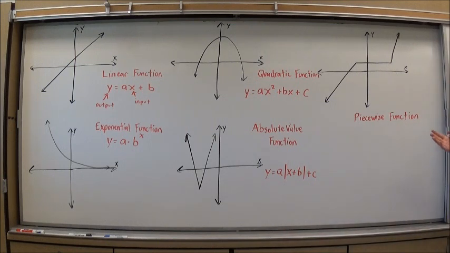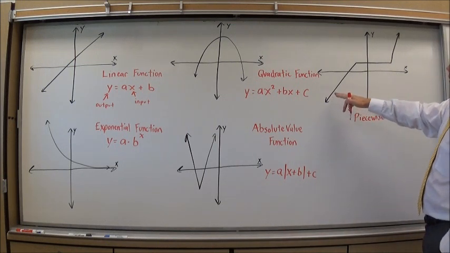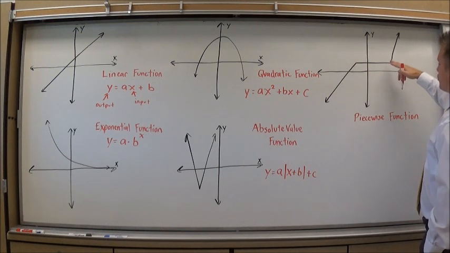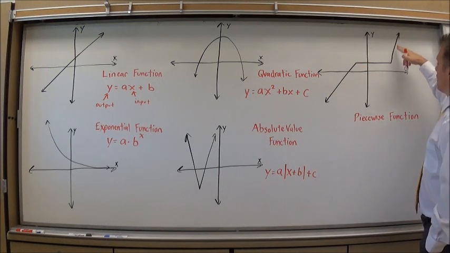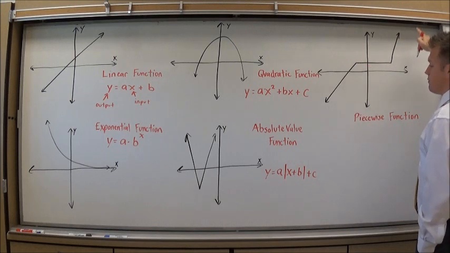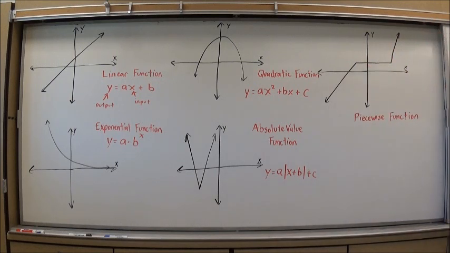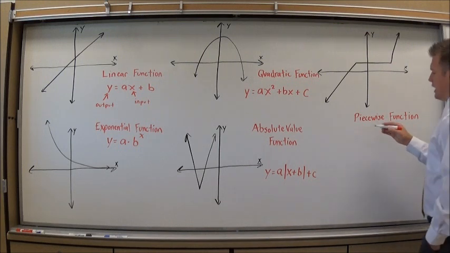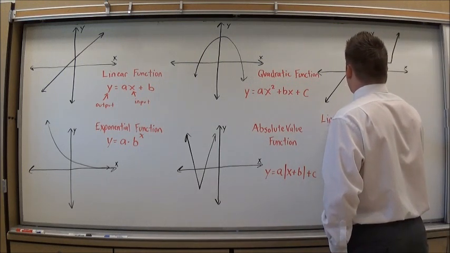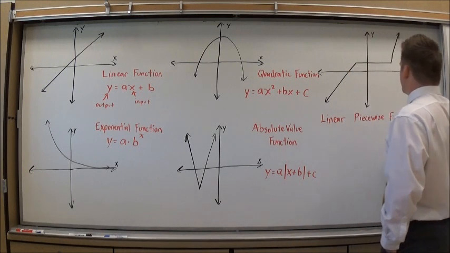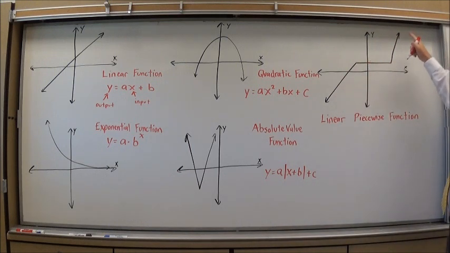Now, you can have different types of piecewise. I can actually have some that are linear, and then all of a sudden it turns into a quadratic, or it could be linear and then exponential. There's a lot of different options here with these piecewise functions. For now, in this class and this year, you're mainly only going to see linear piecewise functions, because it'll be all linear pieces.